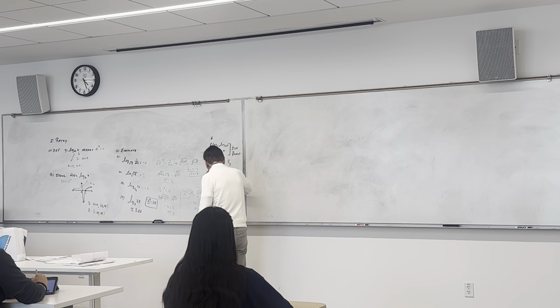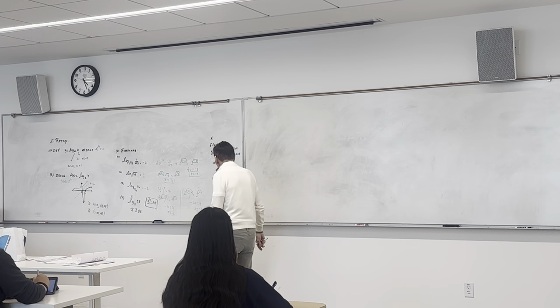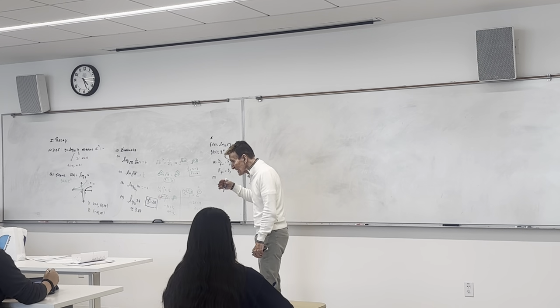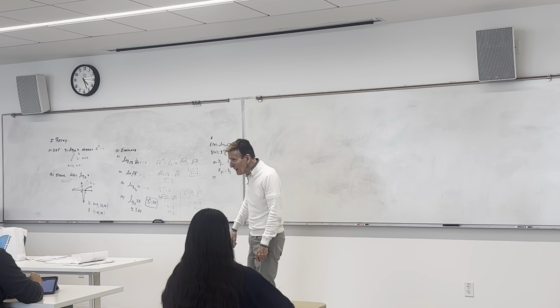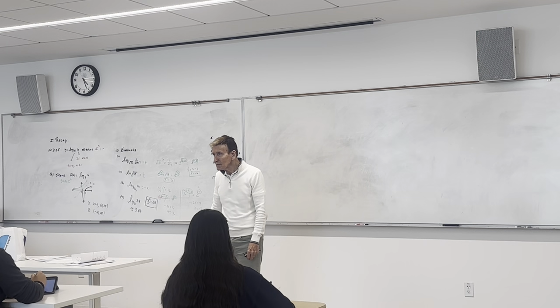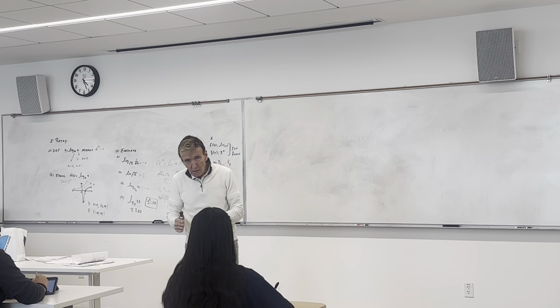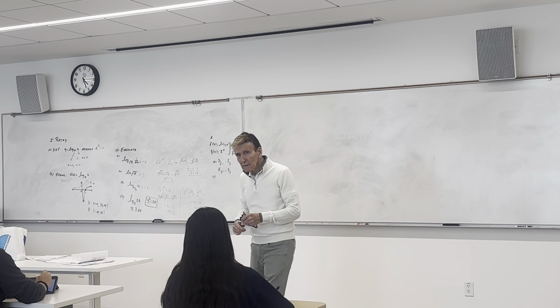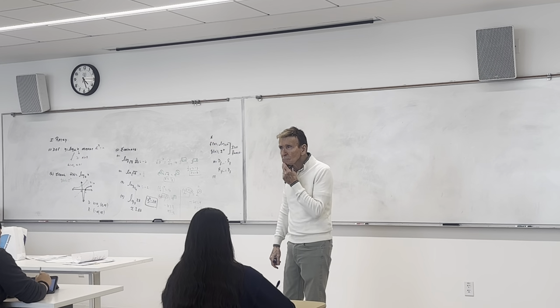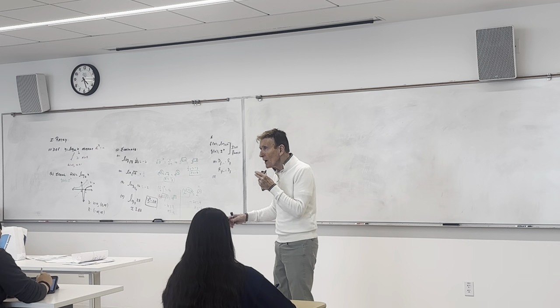Okay, can anyone tell me anything else that could be said about those two? It's an exponential with a log, and these two are considered to be inverses. Anything else that you recall from last week that I could say? Does anyone remember? 1 to 1.